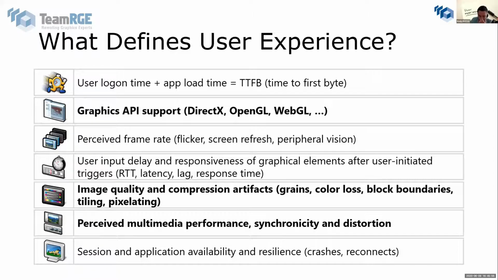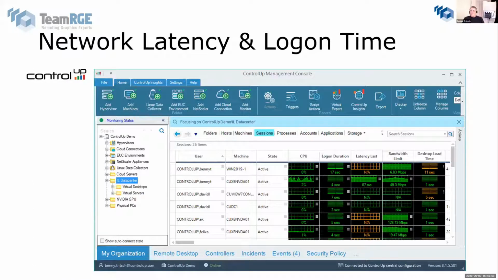But as a starting point, I want to take a look at network latency and logon time. This is something you can collect with typical monitoring tools and products that are out there in the market. Here is an example with ControlUp, where you see the latency, the bandwidth, and all of these metrics.